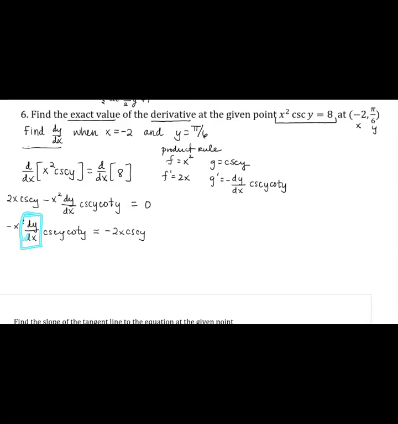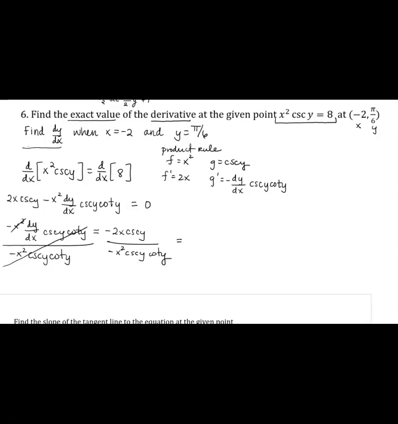I can see the dy dx that we want to solve for, and to get it by itself, we need to divide by everything else that's around it. So we're dividing both sides by negative x squared, cosecant y, cotangent y. So dividing both sides by this cancels all of this out and leaves us with our answer for dy dx.